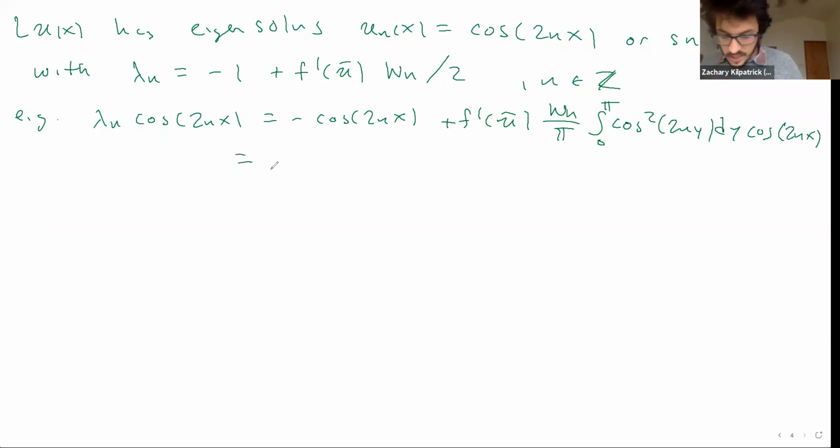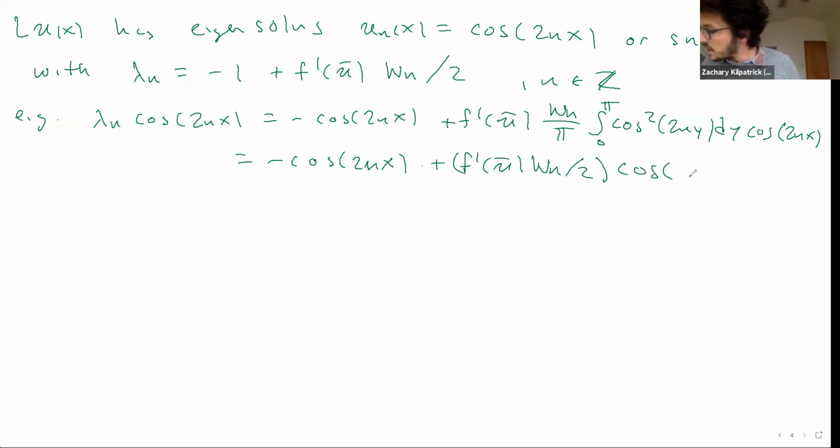So when you clean this up, you get minus cosine 2nx plus f prime of u bar wn over 2, all times cosine 2nx. And similar for sine 2nx, you essentially get the same thing using trig identities.